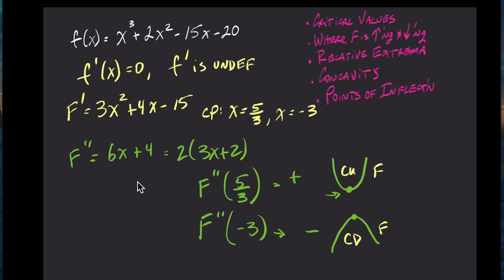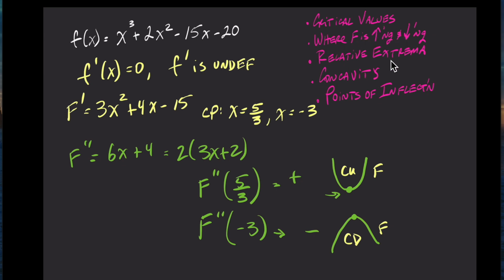The second derivative test eliminates the need to do a sign analysis of f prime. But you still have to set f prime equal to 0 or where it's undefined. You still have to get its critical values, but you do not have to do a sign analysis of each interval unless they're asking you where the function is increasing and decreasing.